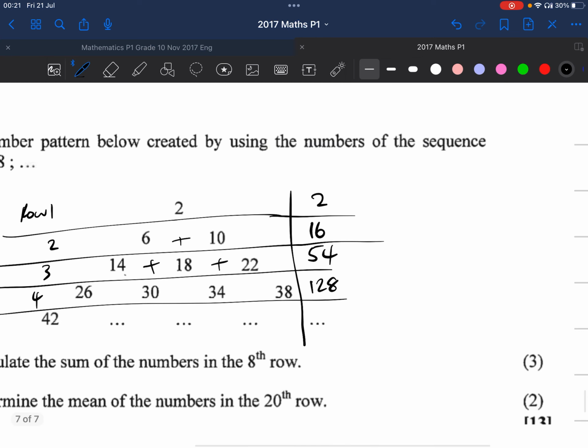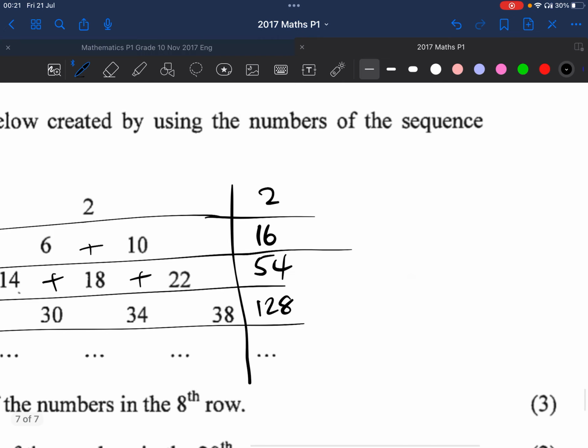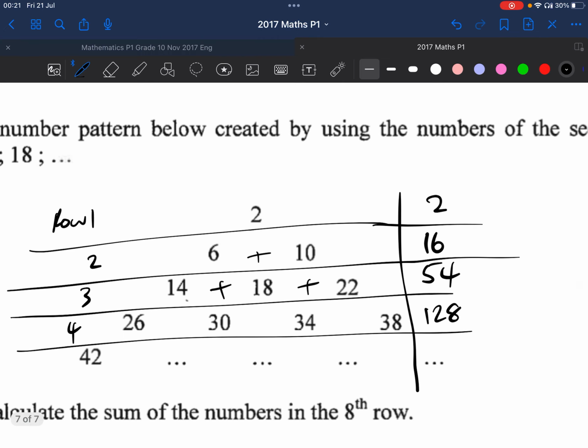Okay, if we look at this here, right, if I look at row 1, I took this n number, right, so whichever row it was, I multiplied it by 2 and I cubed it.